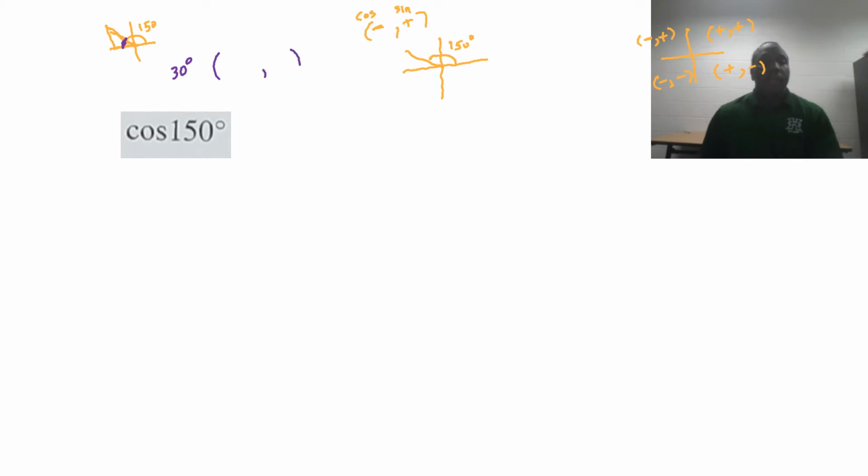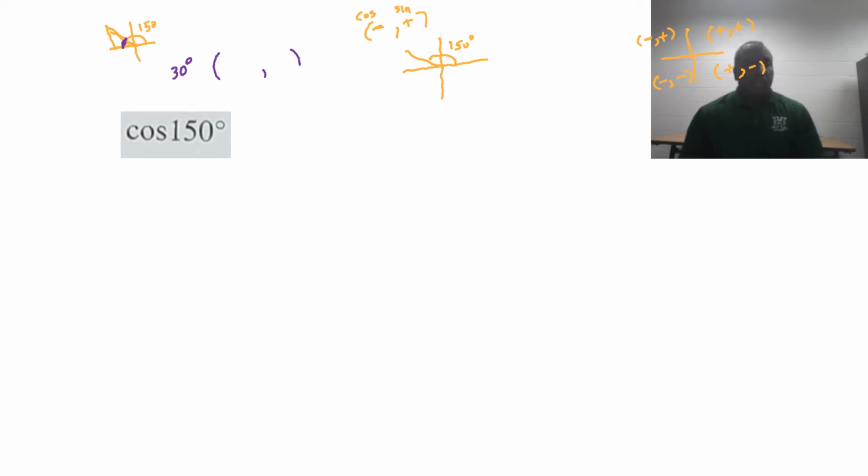Well, if we had 30 degrees and I said find the cosine of 30 degrees, how would you do that? So remember the fingers. 0, 30, 45, 60, 90. So again, 0, 30, 45, 60, 90. So we'd fold down the 30 finger and we'd have 3 and 1. So 3 first, then 1.